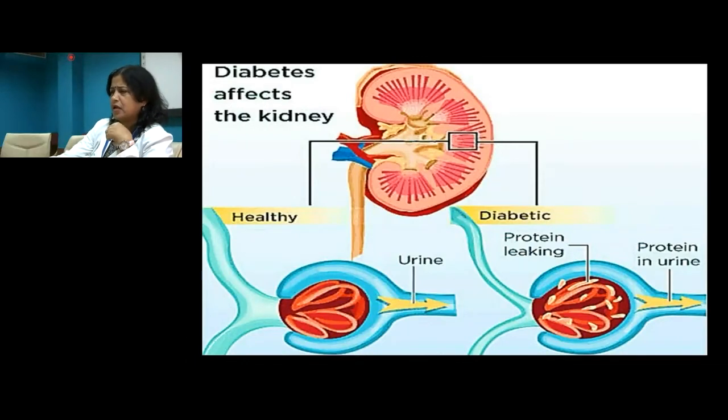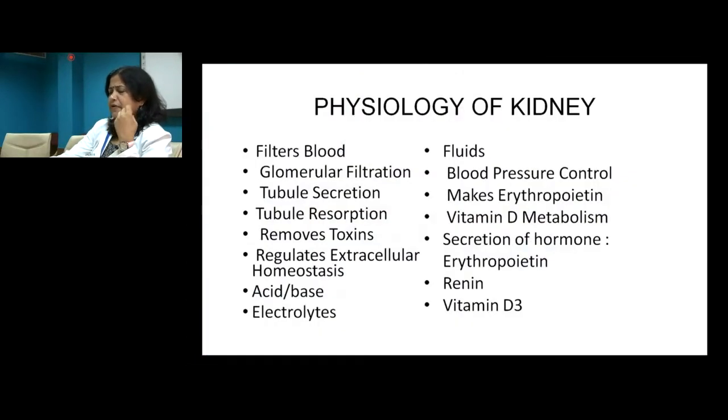So, the physiology of the kidney, and everybody knows it filters blood. It works as glomerular filtration, tubular secretion, removes toxins, regulates extracellular homeostasis, acid-base balance, electrolyte balance, fluids, blood pressure control, and secretion of hormones: erythropoietin, renin, and vitamin D3.